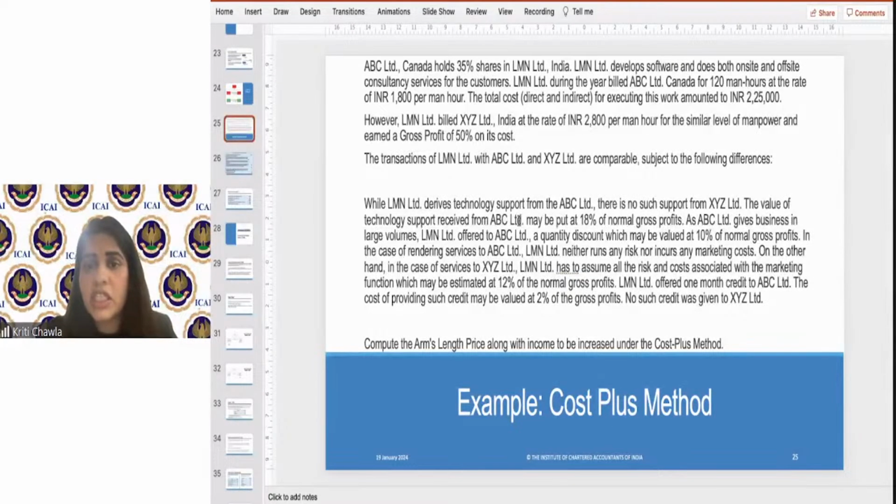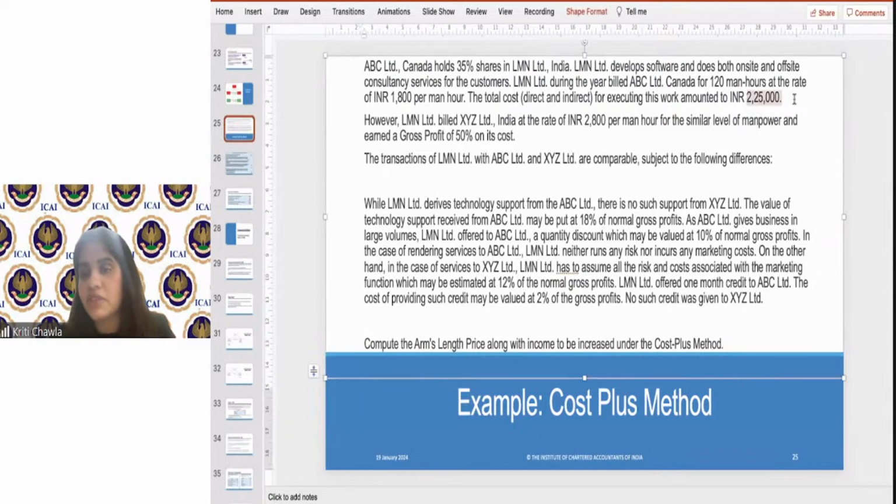LMN Limited during the year billed ABC Limited Canada for 120 man hours at the rate of 1800 per man hour. The cost of providing these services, the total direct and indirect cost for executing this work, was 2,25,000 rupees.